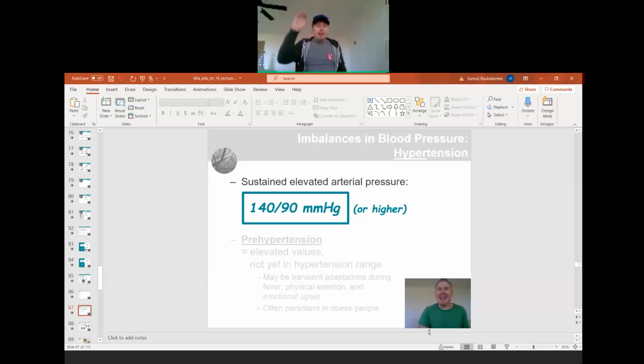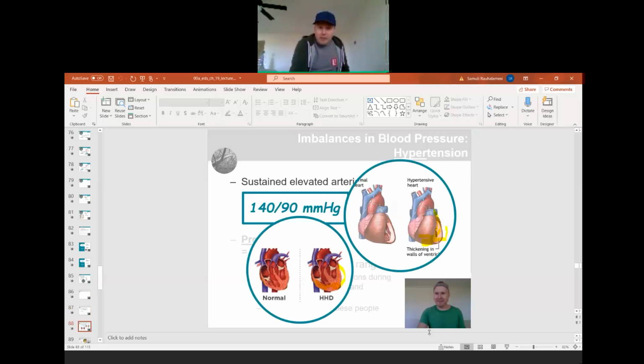But these values, like I said, change a little bit depending on what the recommendation is, how these are set. Why is it dangerous to have a high blood pressure? Well, the risks are because you can end up with heart failure, you can end up with vascular diseases, renal failure. So when the kidney filters blood, too much blood pressure can damage the kidney.